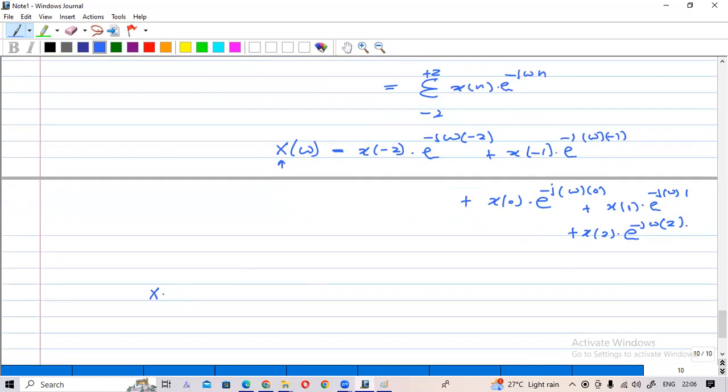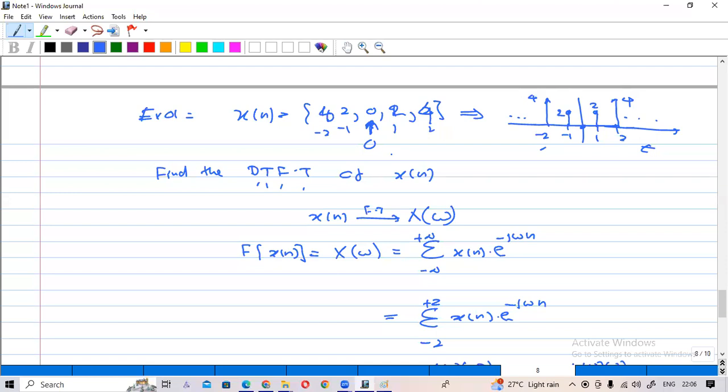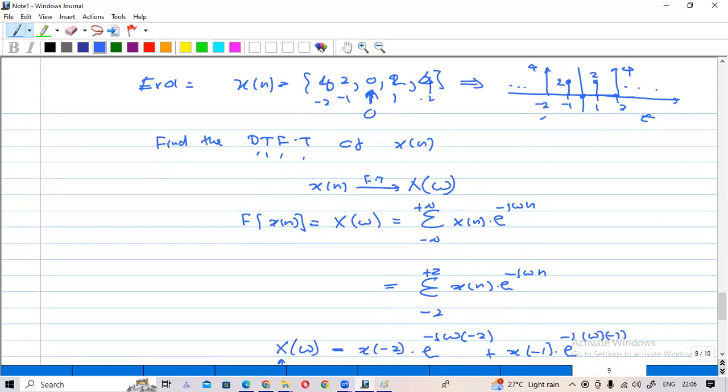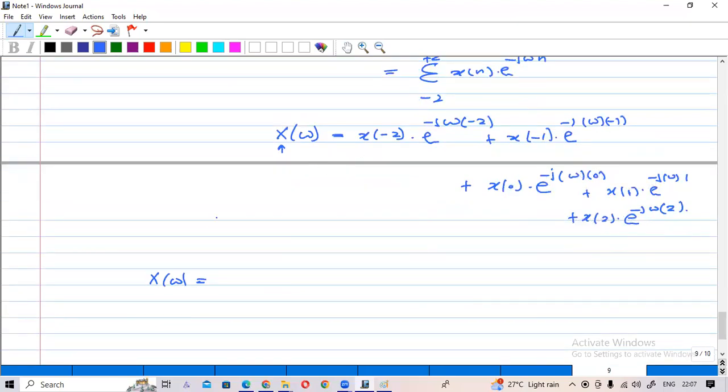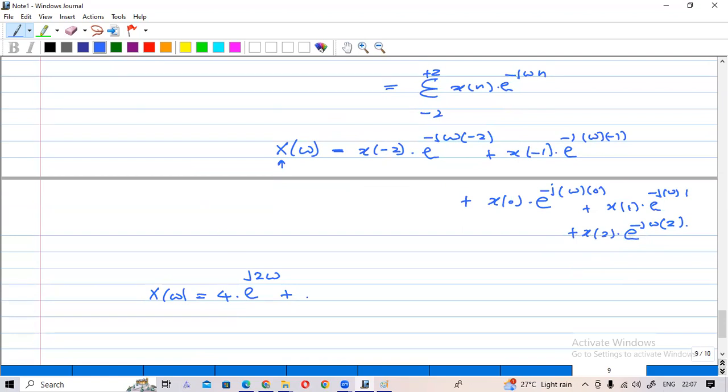So now you can find X(omega). X(omega) is equal to x[-2], which is 4, times e to the power minus minus, it will be plus, e to the power j 2 omega, plus x[-1], that is 2, so 2 e to the power plus j omega, plus x[0], that is 0, so that part will cancel.